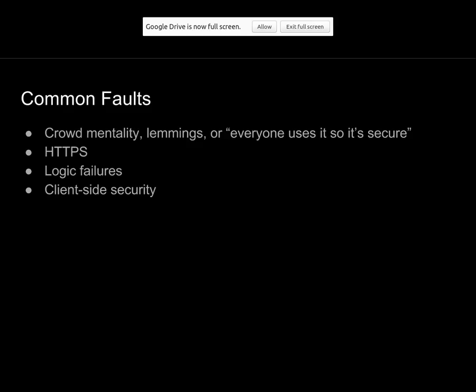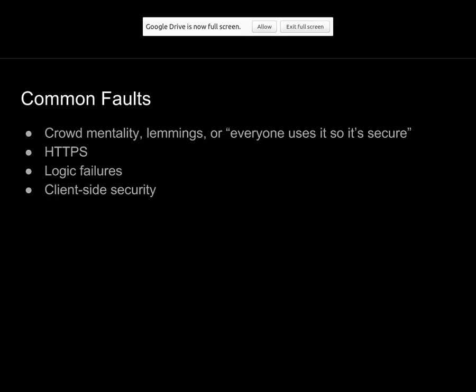So I'm bringing these all up first without really explaining them, because I want you to think about how these would seem like they're security features, and they seem like they make things secure, but also how they aren't actually fulfilling their goal of enforcing security.